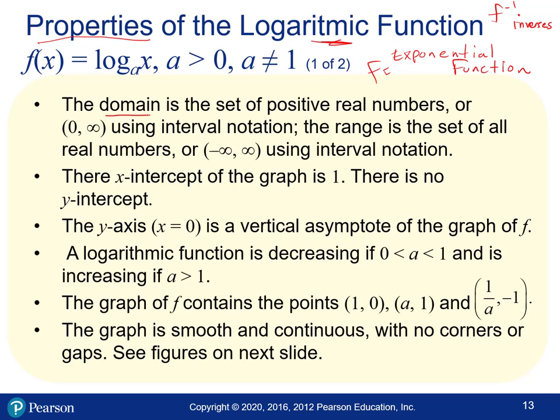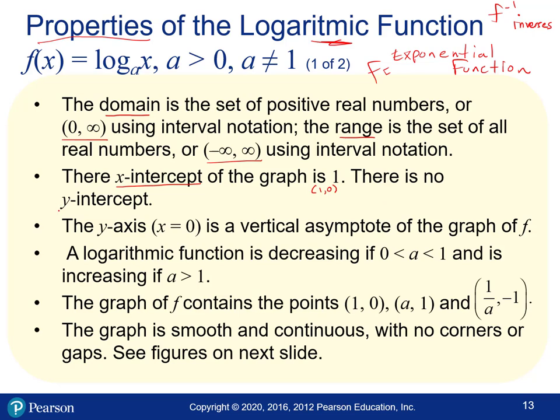The domain of a log function is 0 to infinity, and the range is all real numbers. For our exponential function, the opposite was true. For a log function, we have an x-intercept at 1, so 1 comma 0. For the exponential functions, the y-intercept was 0 comma 1.